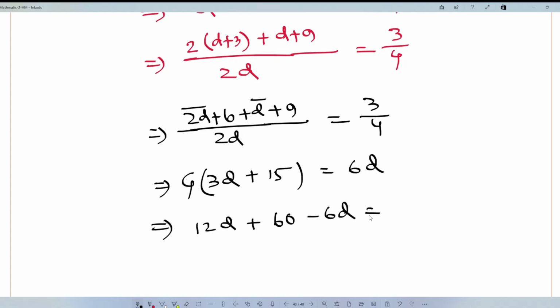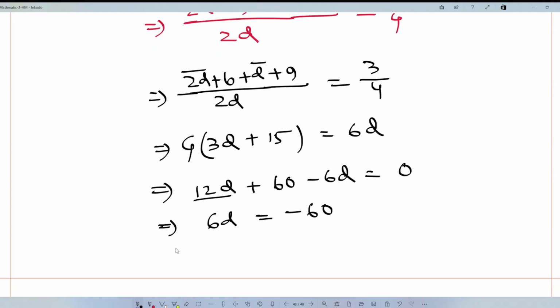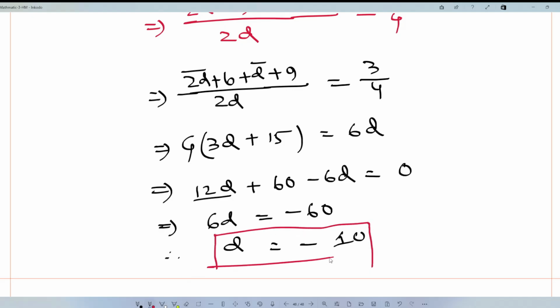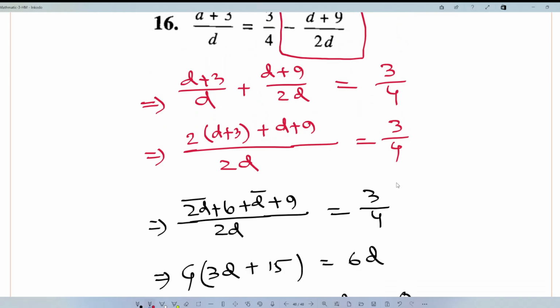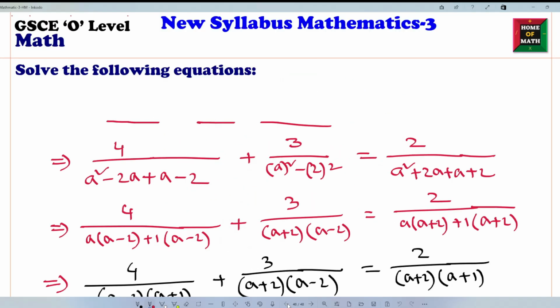So 12d minus 6d, it means 6d equal, this 60 will be exchanged, so minus 60. So once we divide both sides by 6, so d equals to minus 10. This elaboration thing you can do yourself any other way, but result will be d equal minus 10. Okay, we complete 16 math.